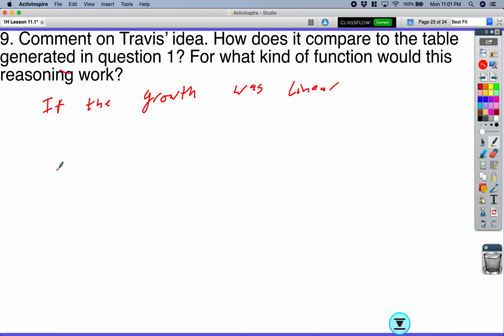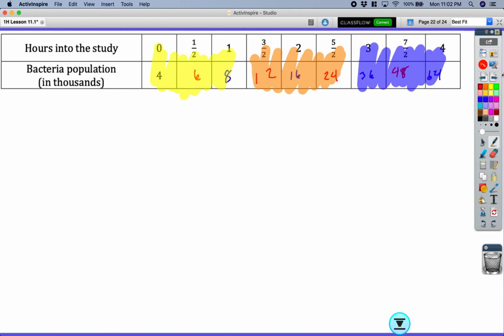So for instance, if your table was like 0, 1, 2, 3, and you had 4, 8, 12, 16, you could find the halfway mark. So finding the average here of like 6, 10, 14, that would work if the whole thing was linear. Okay?